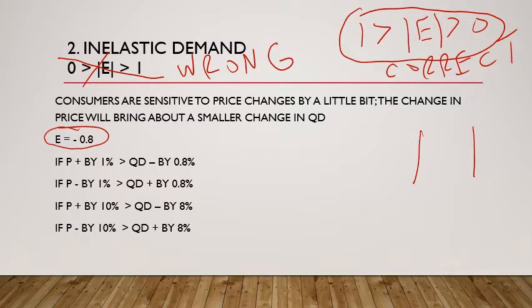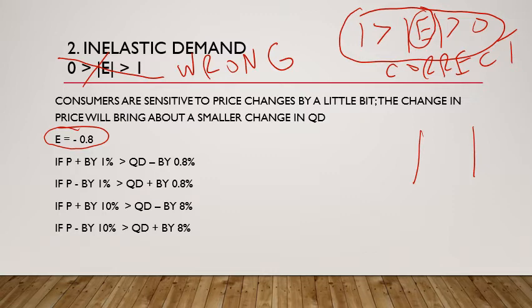So what we're saying here is that 1 is greater than the absolute value of our price elasticity of demand coefficient, in our case 0.8, and it is greater than 0, right? 0.8 is indeed greater than 0.